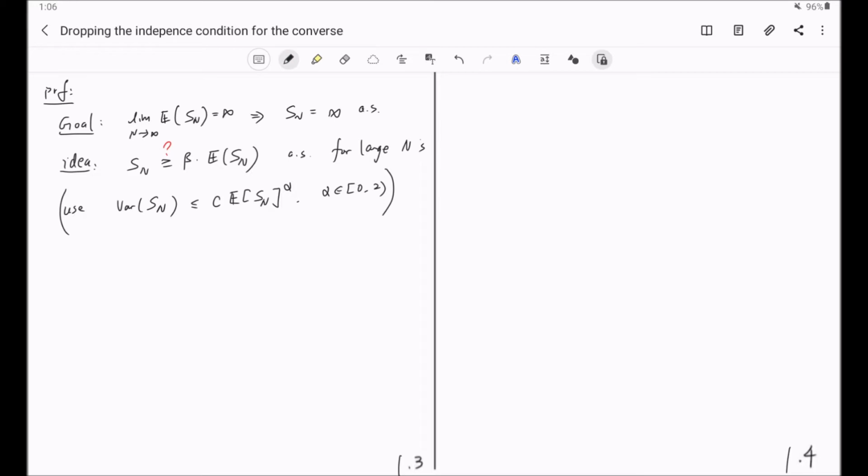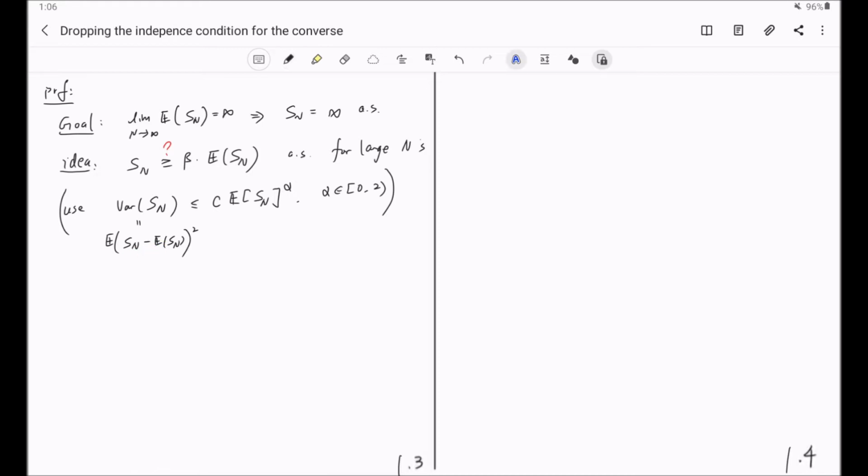And observe that the left-hand side is equal to the expectation of Sn minus the expectation of Sn squared.